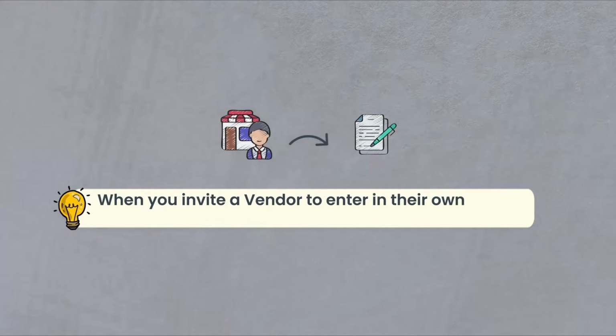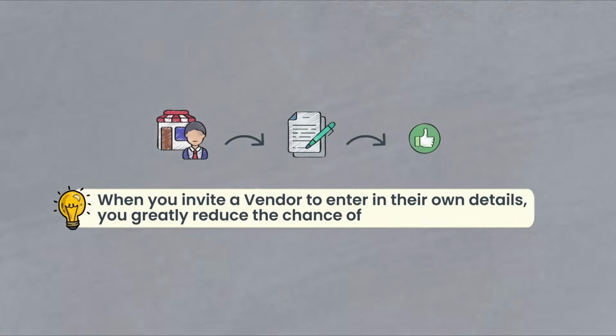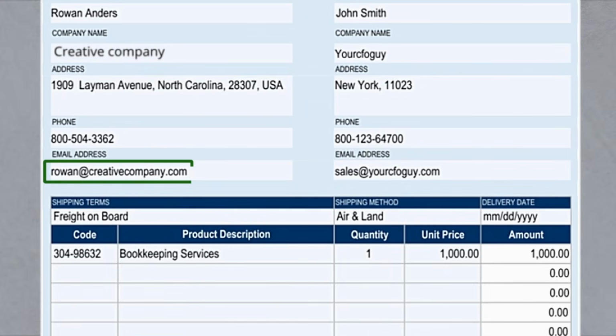That's because, as we'll soon see, wire payments are close to impossible for a bank to recover whenever they get processed. So when you invite a vendor to enter in their own details, you greatly reduce the chances of a mistake. Just make sure that the invite's email matches to the purchase order or the agreement that you have between the vendor. Once again, beware of those phishing scams.